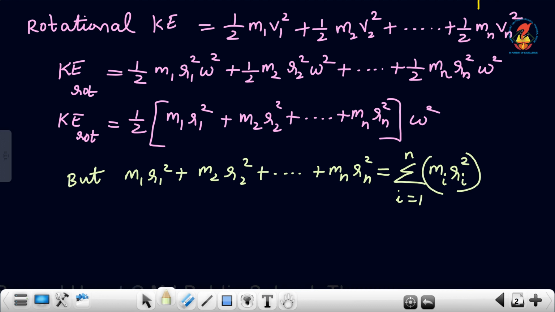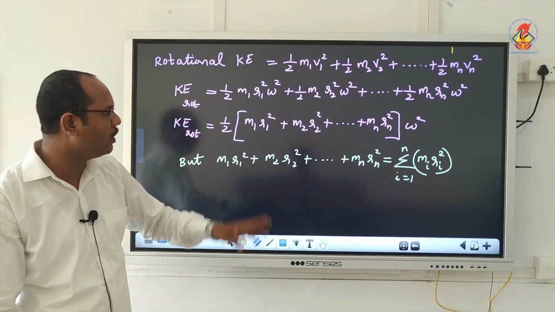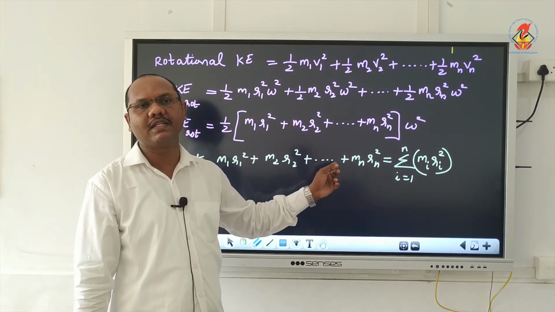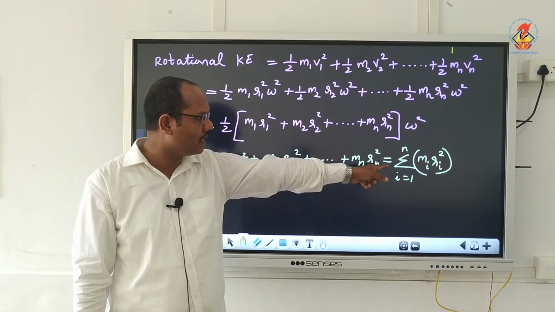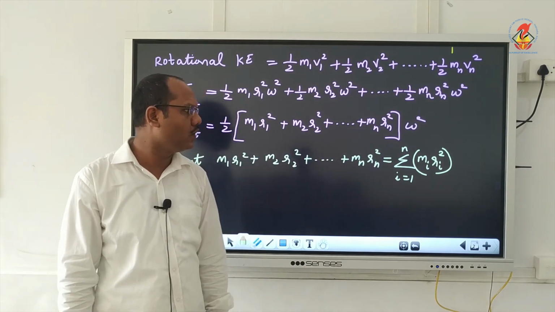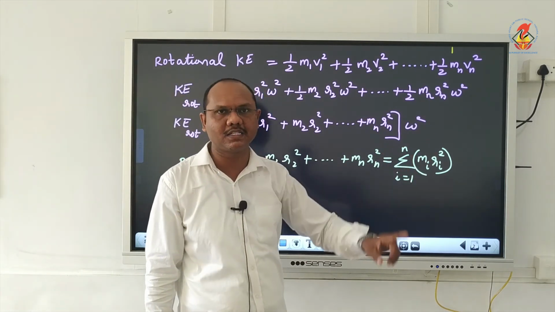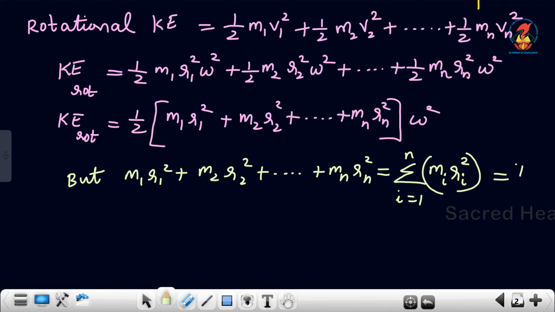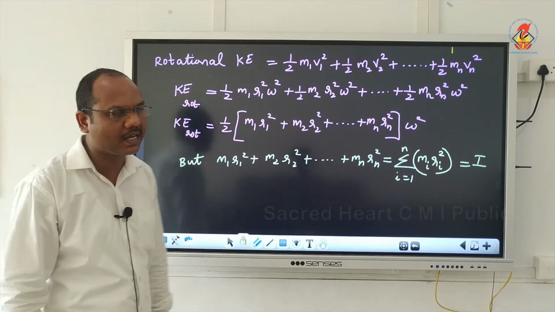This we wrote in the last session. In the last video we wrote that when there are n number of particles, this is the moment of inertia. So this is actually the expression for the moment of inertia. Therefore, instead of this bracketed term I can write moment of inertia, right?